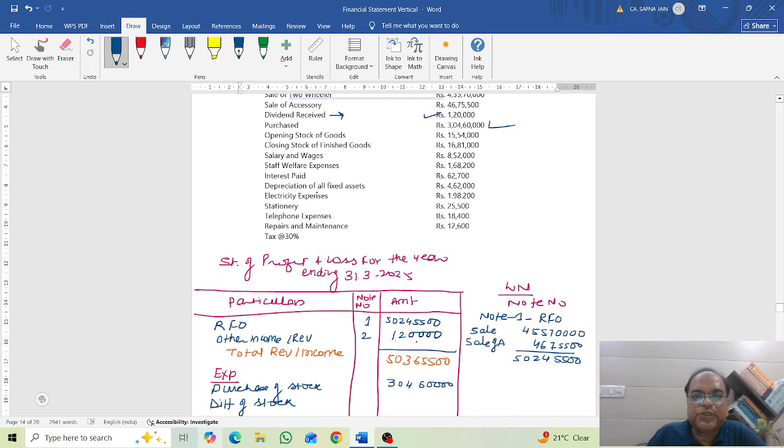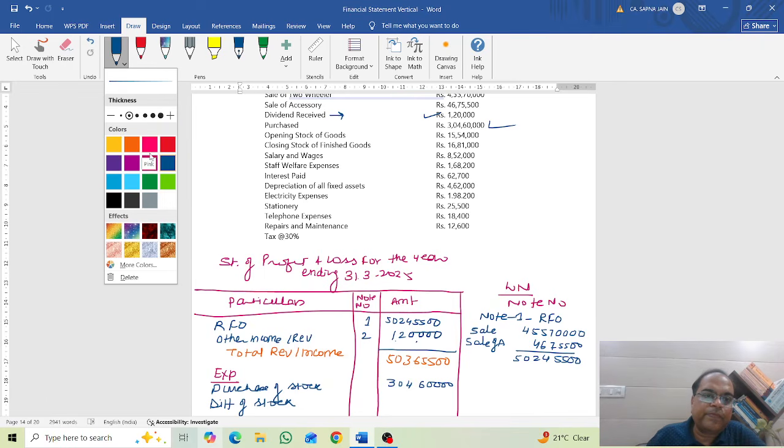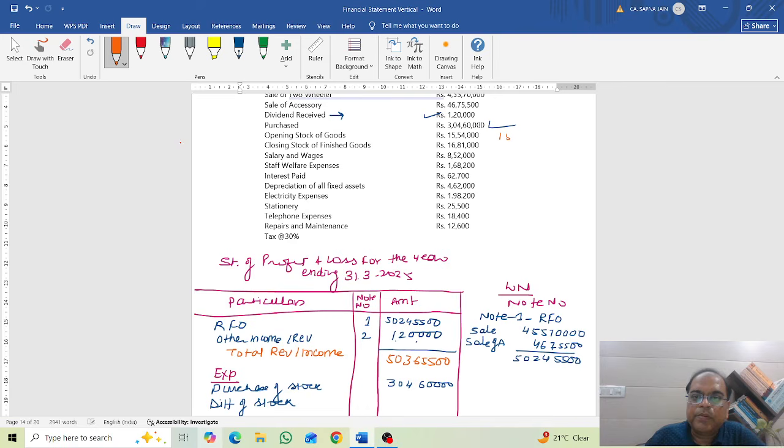Difference of opening stock minus closing stock. How much opening stock? This is 1554 and minus 1681,000.